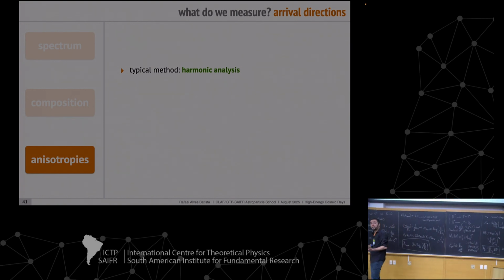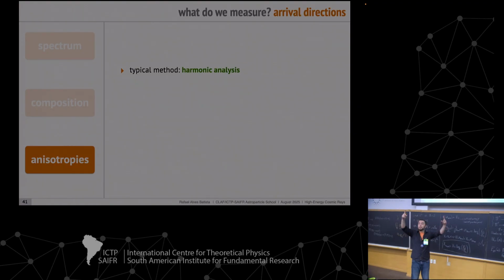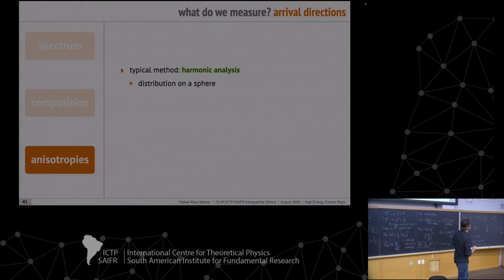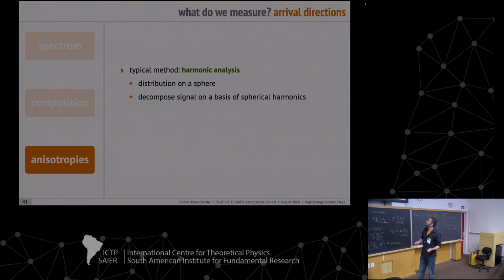What's a harmonic analysis? Well, we are here, Earth is around us, just a decomposition into spherical harmonics of the signal in the sky. Usually, we take a distribution on a sphere, and we decompose the signal on a spherical harmonic basis. This is what a harmonic analysis is.